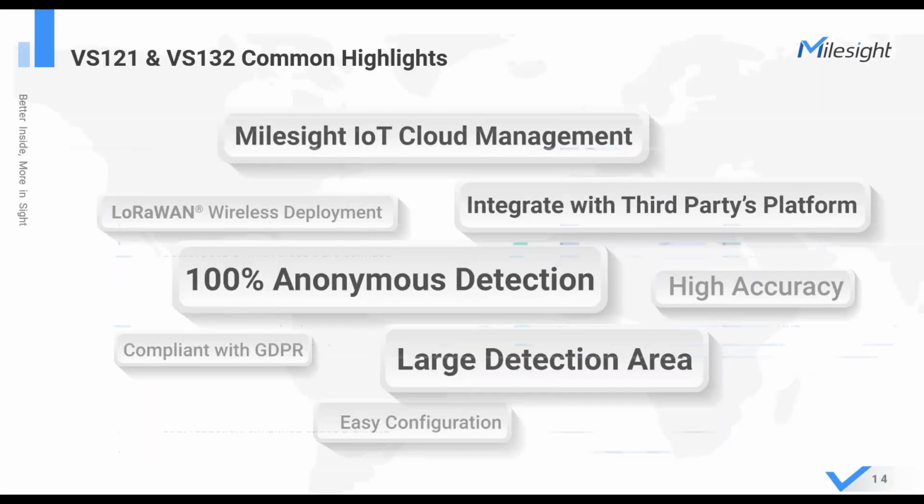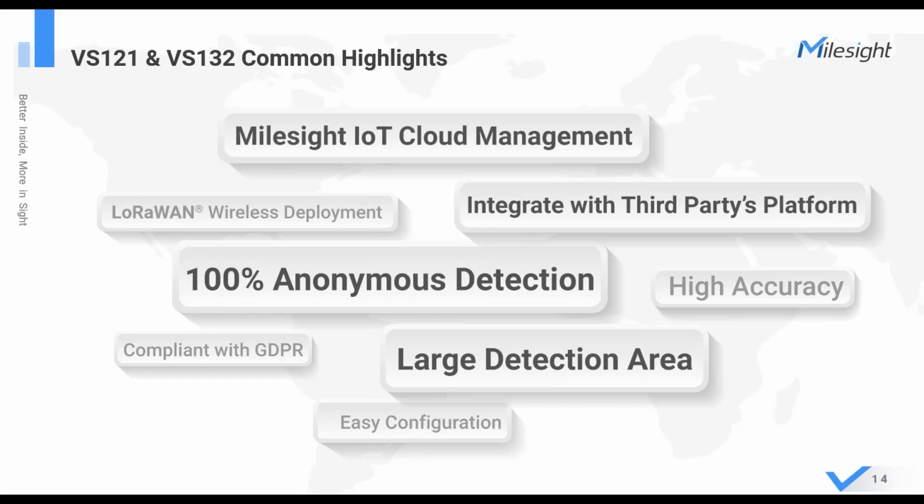Now, let's do a conclusion about the shared values of both the two sensors, which could be good for the space utilization. Those are their highlights, which are different from those conventional technologies. First of all, they both support LoRaWAN wireless deployment and they're very easy to configure. And also, it is highly compliant with GDPR, and they support both large detection areas and high accuracy.